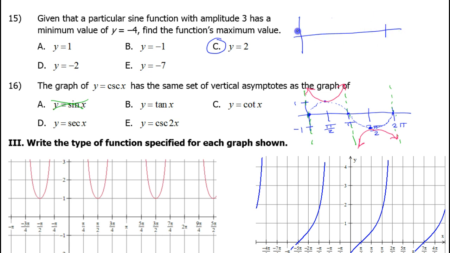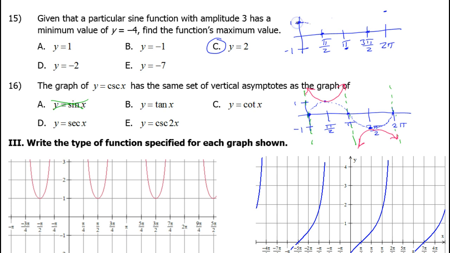So if I were going to do secant, if I start off the same way, this is 2 pi, this is pi, and pi over 2, and 3 pi over 2. Alright, but because secant is the reciprocal of cosine, it's going to start off up high and then go low.